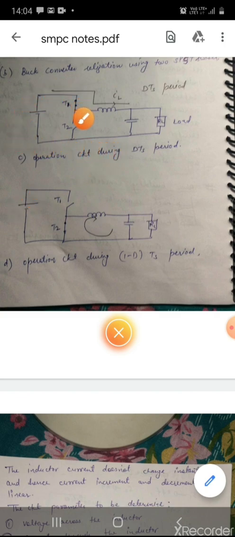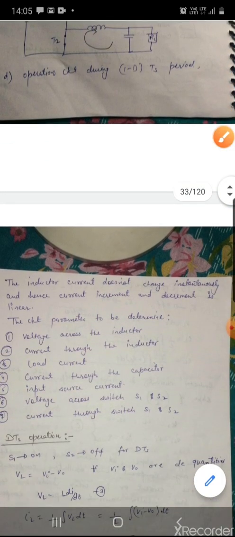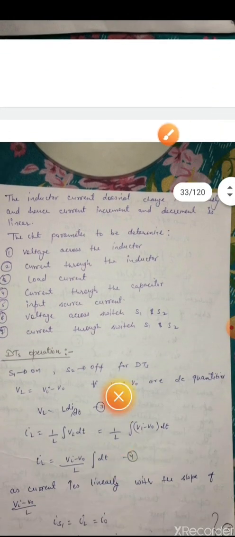So we can see that according to the loop, if we apply KVL in this, this is the Vs voltage, this is the inductor voltage VL, this is the load voltage Vo. So what will be the KVL equation? It will be VL equals Vi minus Vo, where Vi is Vs, the input voltage.